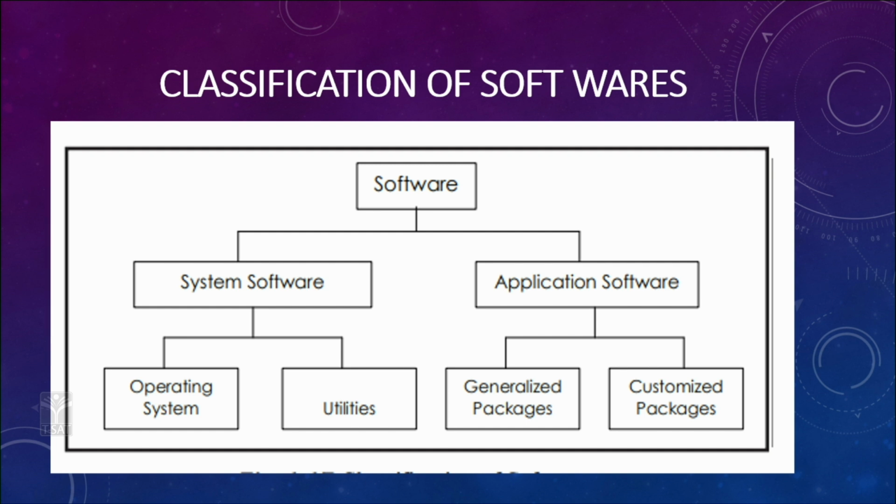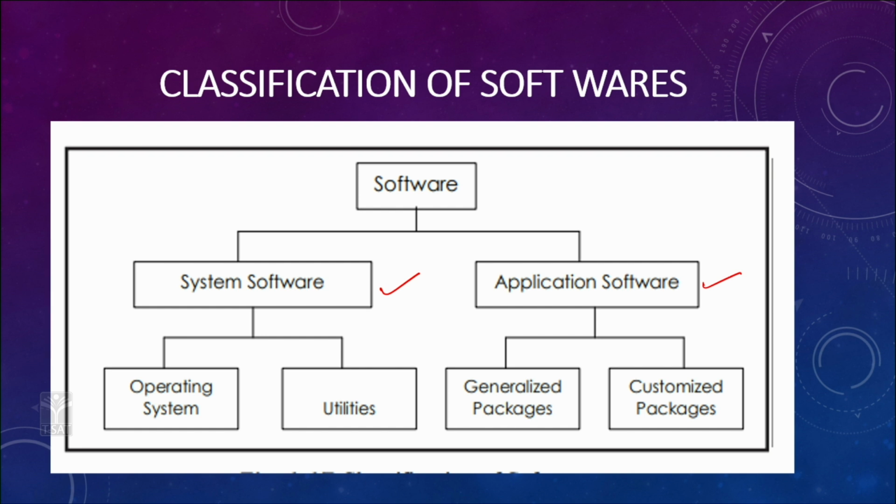So, what is the classification of software here? Depending on the nature and functioning features, software is classified into two kinds. One is system software, another one is application software. Again, system software is divided into two categories.